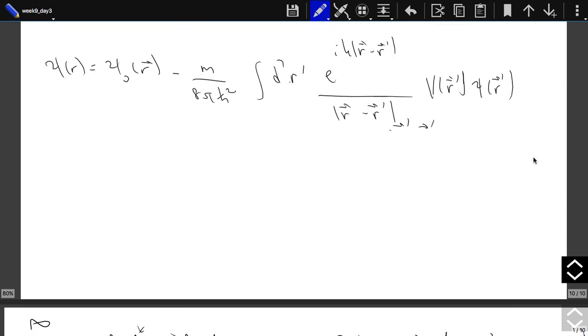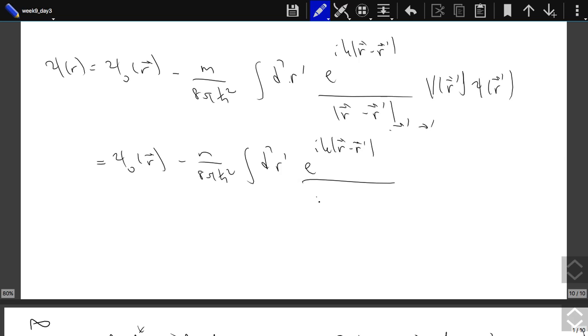So this is our solution, which is exact. There is no approximation up to this point. And then we do what we had done. This is equal to psi 0 of r minus m over 8 pi h bar squared, integral d cubed r prime, e to the power i k |r minus r prime| over |r minus r prime|, V of r prime psi 0 of r prime. This is the first Born approximation.